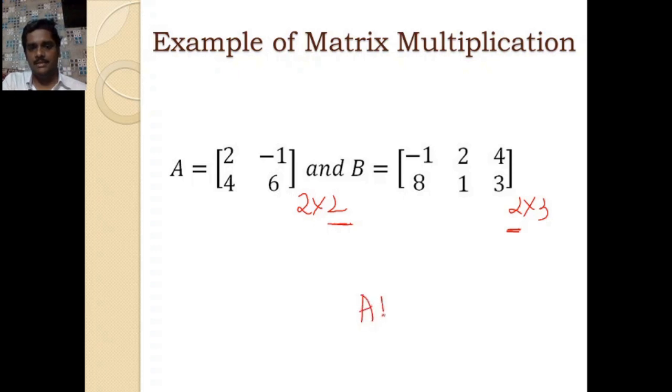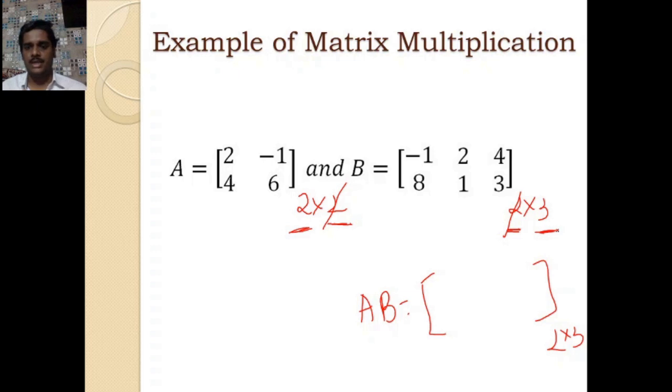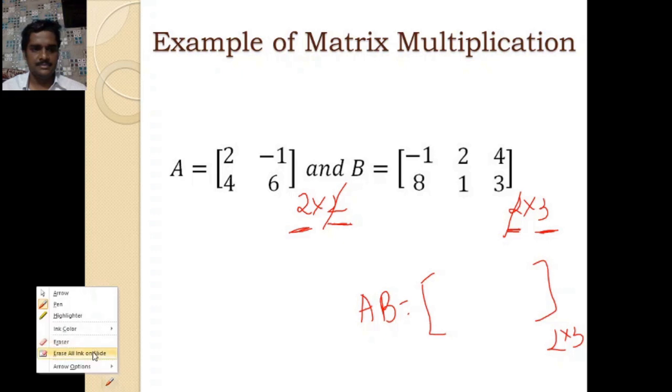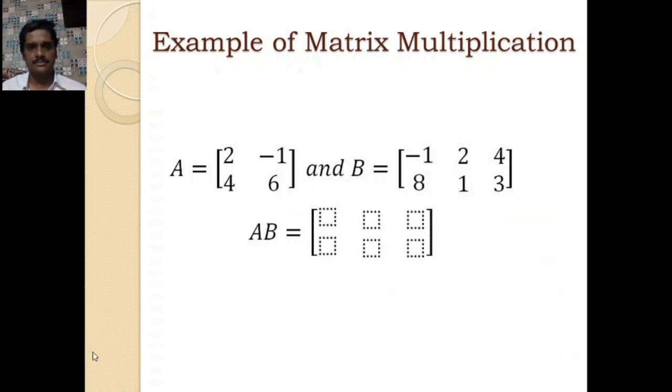And the product AB will have order 2 by 3. This 2 cancels with this 2. So what you are left with? 2 by 3. So your product AB will have order 2 by 3 over here. So here is your matrix AB of order 2 by 3.